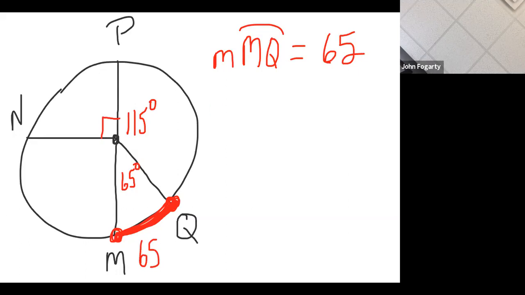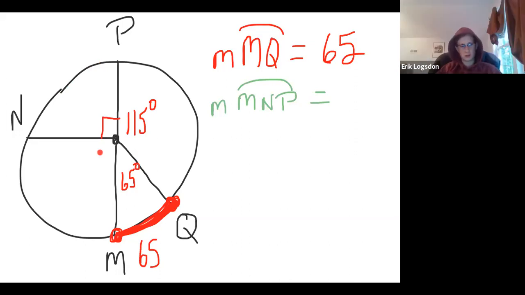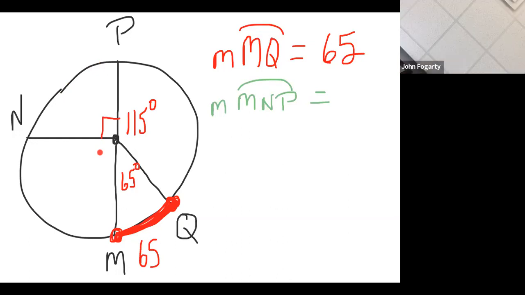What about this one? What's the measure of arc MNP? Start at M, go to P, through N. What does this angle have to be, fellas? That angle is 90. What does this angle have to be, right here?